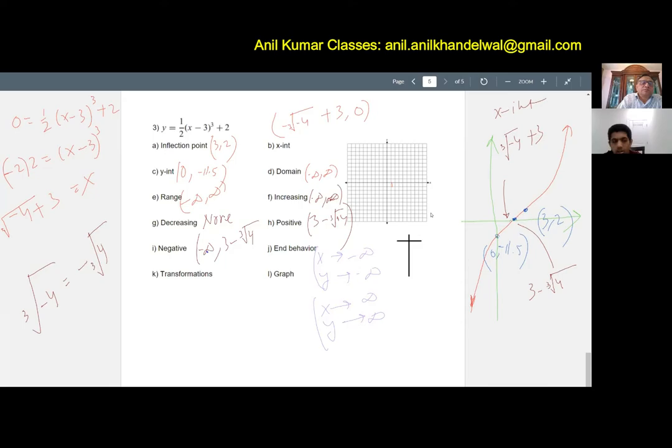Vertical compression by a factor of 1/2, correct? Then right 3 units and up 2 units.